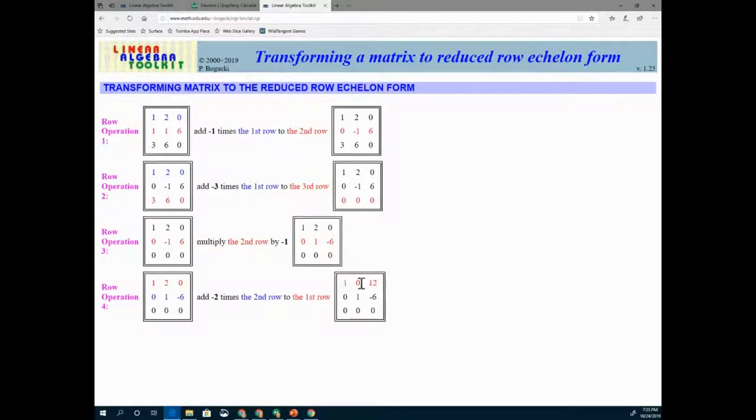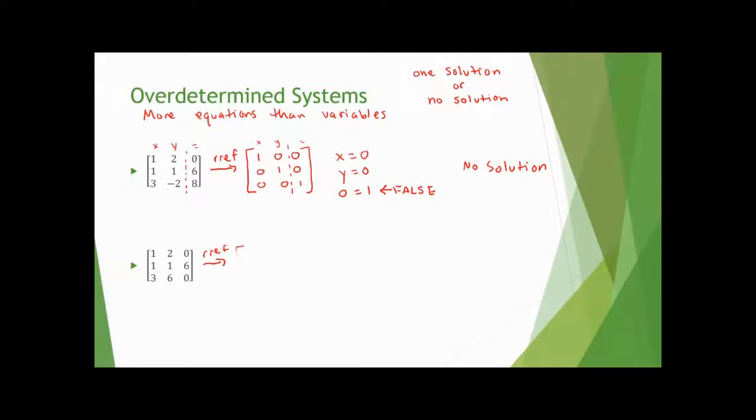And now we have 1, 0, 12, 0, 1, negative 6, and then a row of zeros. Verify. Yep.